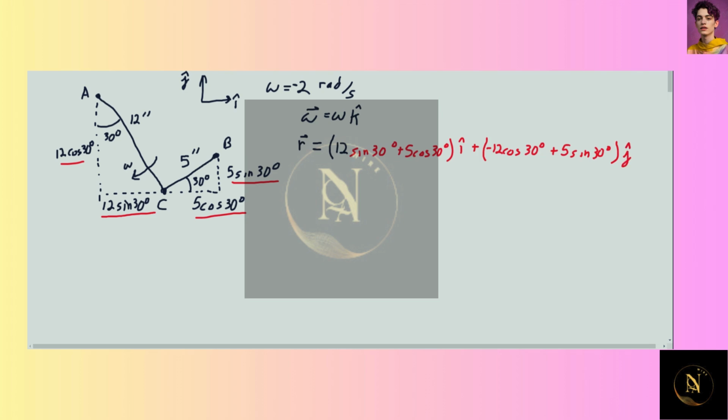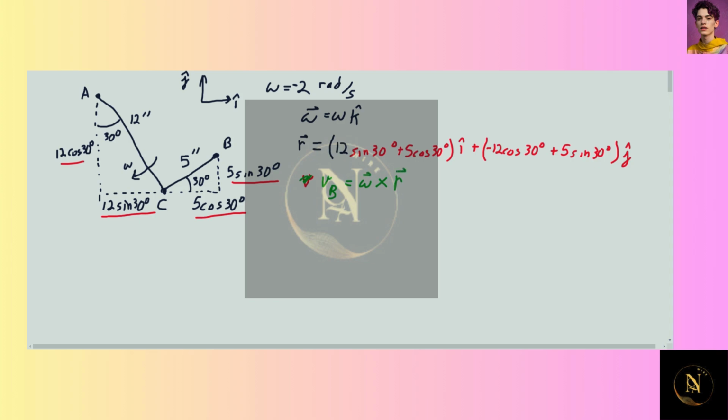And we'll leave that as is for the moment. I'm going to wait to put the numbers into a calculator until a little bit later here. We then know that the velocity of a point, and let me actually write this in green, the velocity of point B will just be our omega crossed with our R vector.